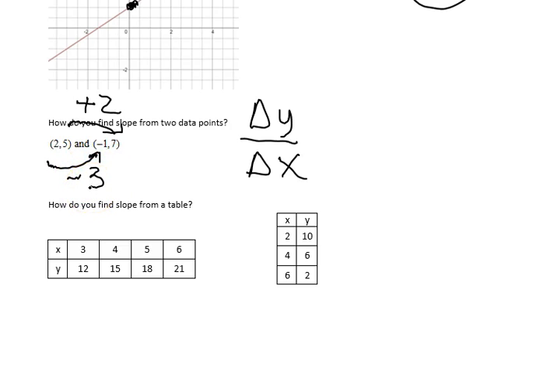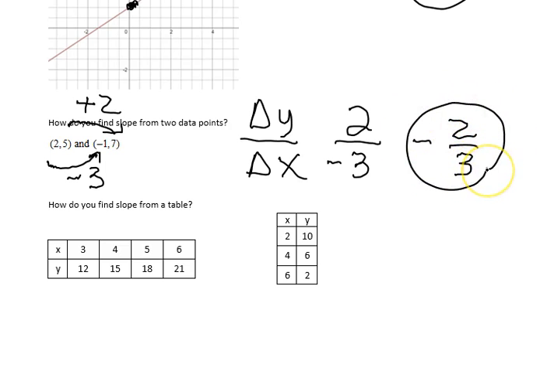So our change in y is positive 2, our change in x is -3, so our slope is -2/3. For that slope, you can also do the formula y2 minus y1 over x2 minus x1, which is the formula you learned last year. It works the same way.